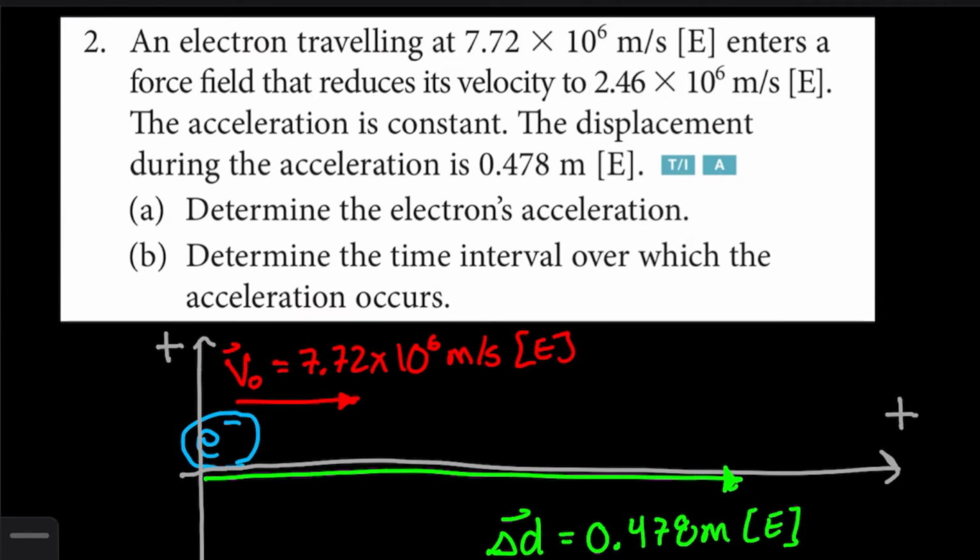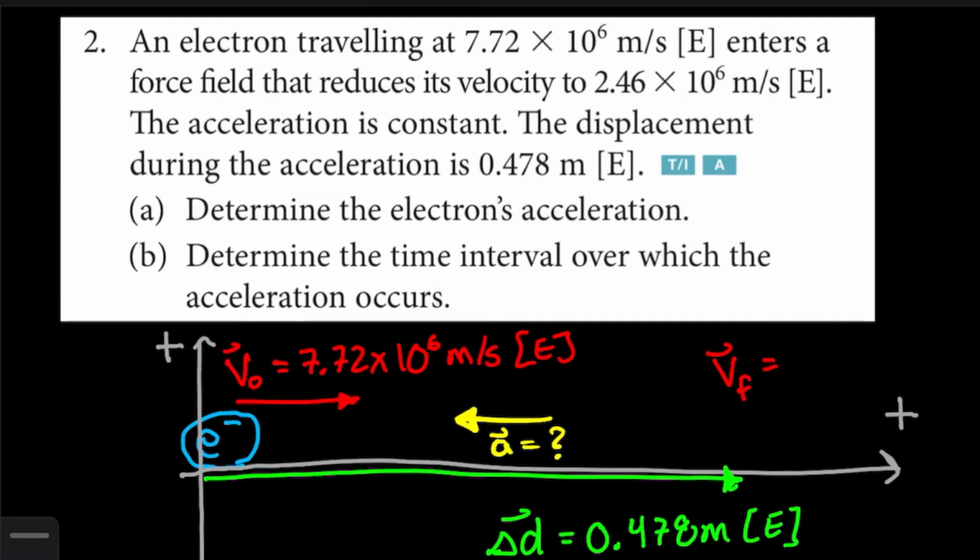Now it enters some force field, not sure if that's the right way to say it, but it enters some region of space where it begins to slow down, which suggests that the acceleration has to be to the left. That's the only way we can get this electron to slow down. So our acceleration vector is to the left, and this value we actually don't know. So it's going to be our unknown.